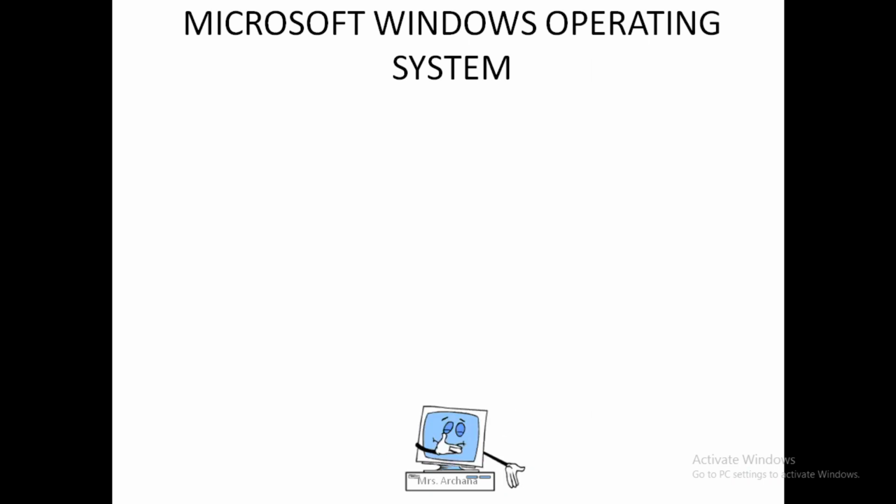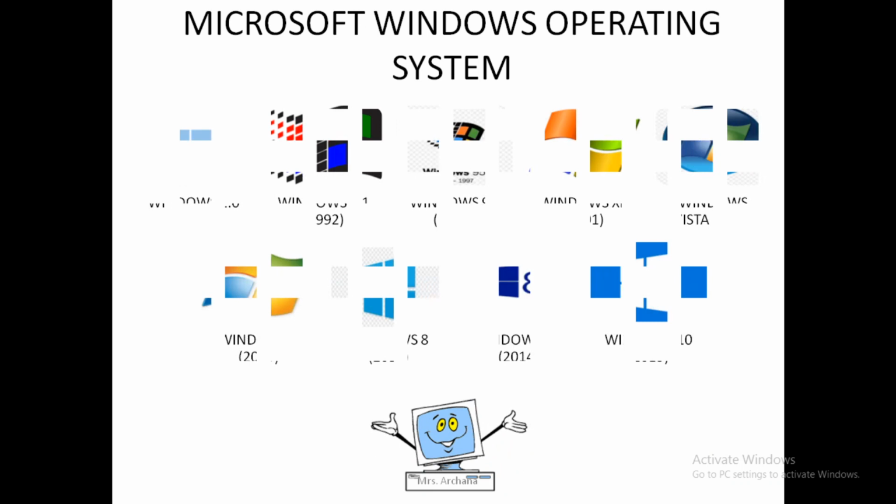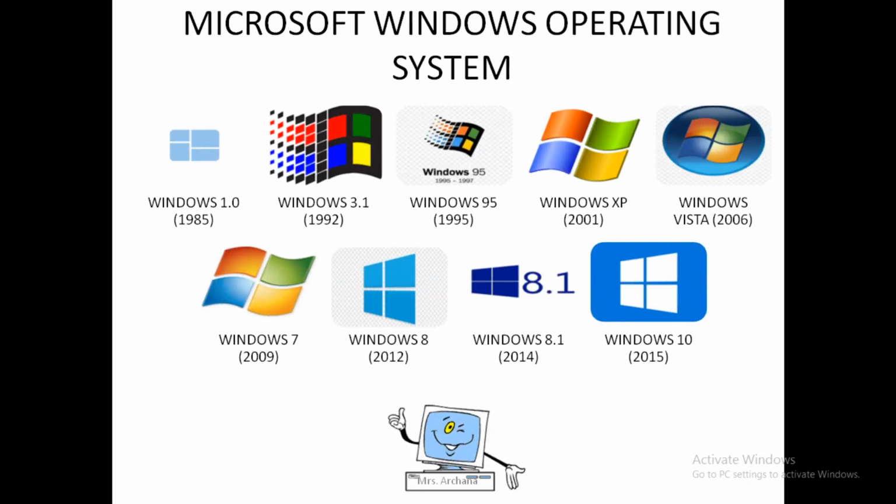The most popular operating system is Microsoft Windows. It was first developed in the 1980s and since then many versions of Windows operating system have been released.